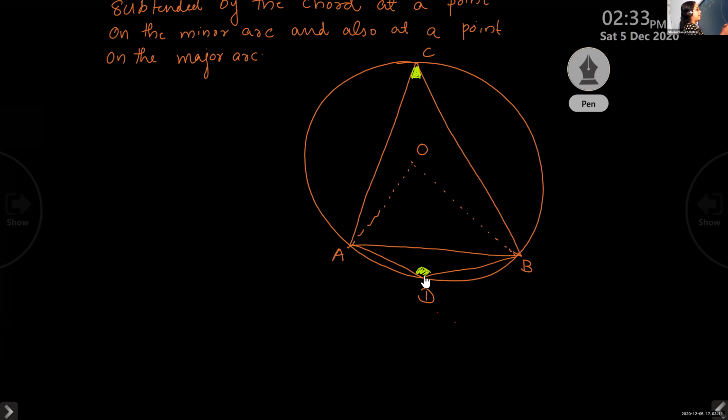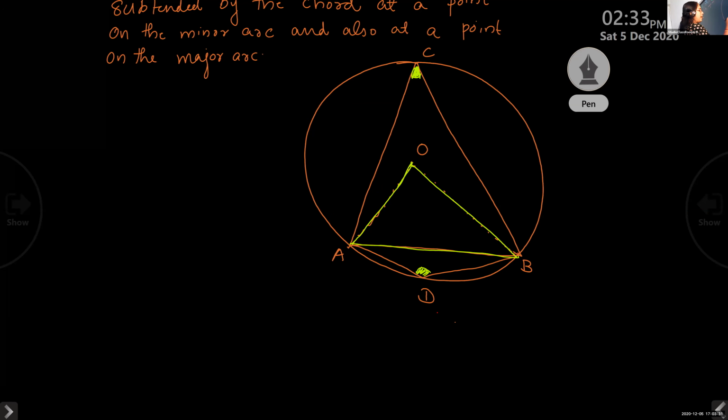That is our question. Now it is given that this chord is equal to the radius. So OA is the radius, and OB is also the radius.